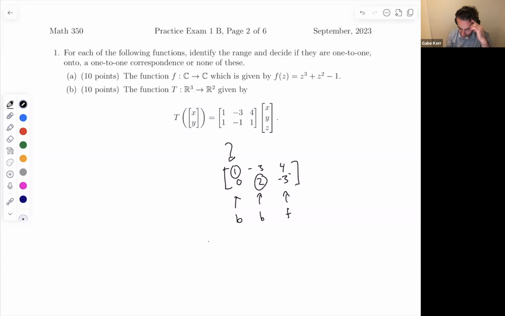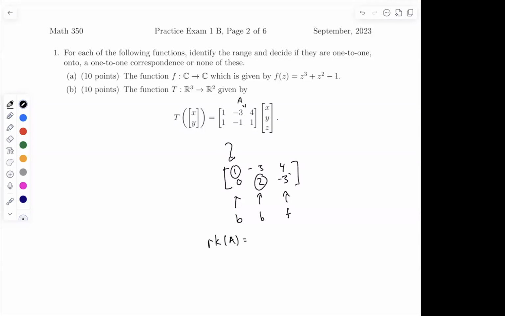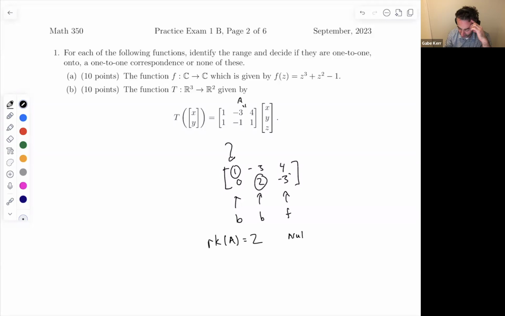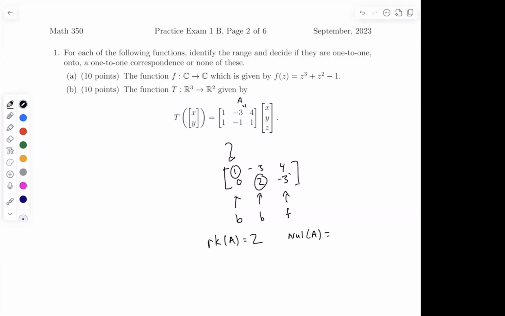So rank, let me call this matrix A. Rank of A is equal to, by what we just talked about, 2. Nullity, a new term. We'll talk about it tomorrow, you'll talk about it in your section with Tin. By what we just talked about, nullity is 1, the number of free variables.